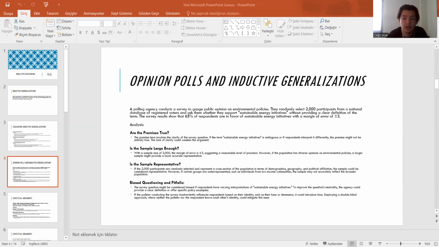The passage also addresses issues like dishonesty in responses, biased questioning, and potential impacts of the pollster's identity on respondents. In conclusion, the passage underscores the complexities and potential pitfalls in conducting reliable opinion polls, emphasizing the importance of careful sampling rather than questioning techniques to ensure accurate and unbiased results.